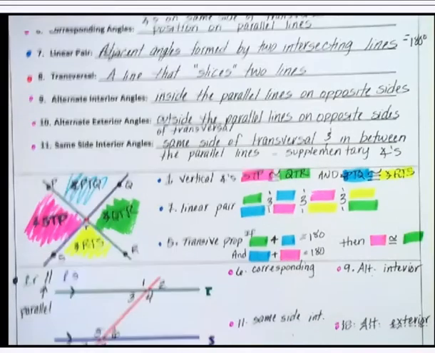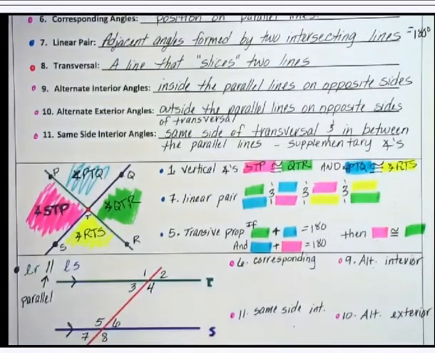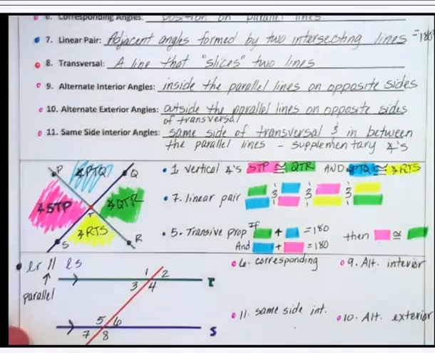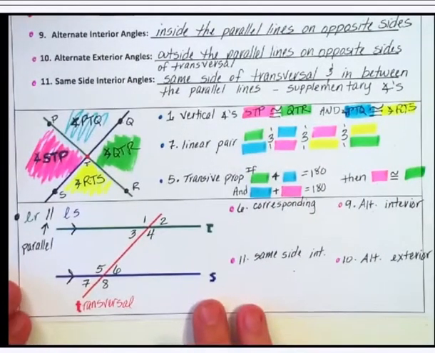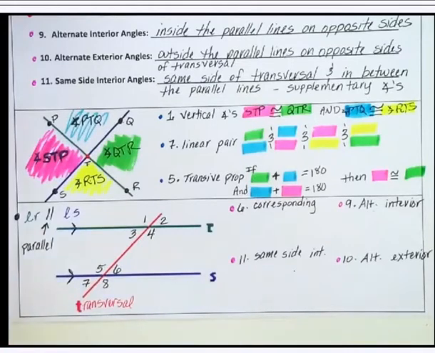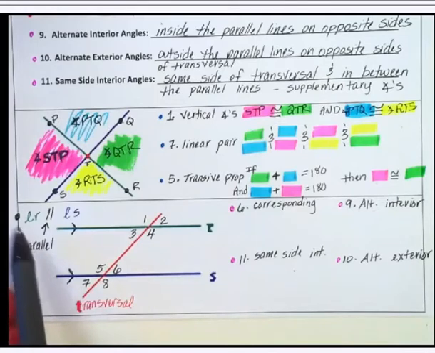Let's talk about the other vocabulary terms. Scooch this up a tiny bit. Okay. So this is going to get a little bit messy, but it's okay. What I have here is the black dot from number 4 up above.